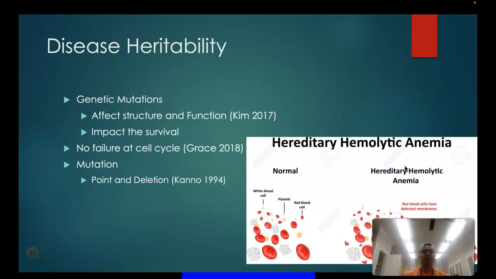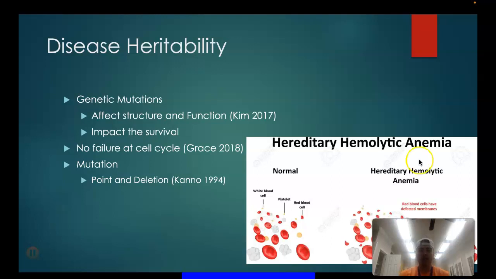Changes in the gene expression can also contribute to the development of hemolytic anemia, particularly in cases where the immune system recognizes the red blood cells as foreign. This occurs when the body produces antibodies against the red blood cells, leading to their destruction. And so this heritability can be due to a genetic mutation, which is, of course, passed down, or a point or deletion mutation.